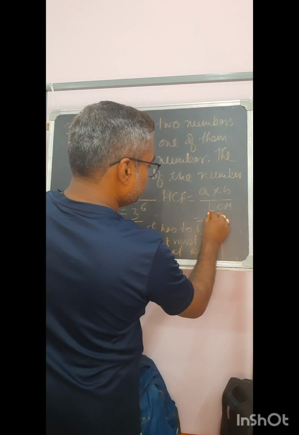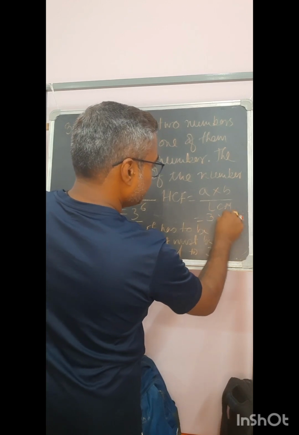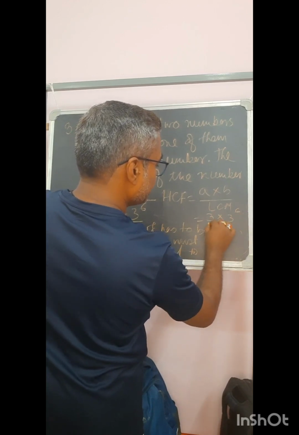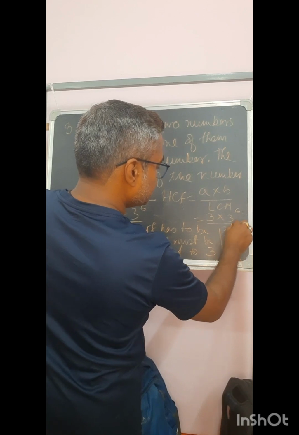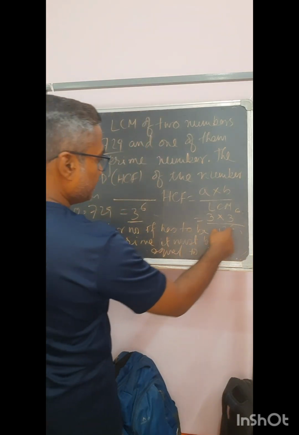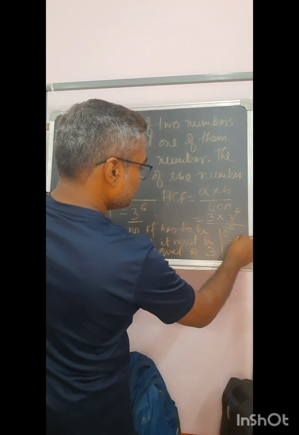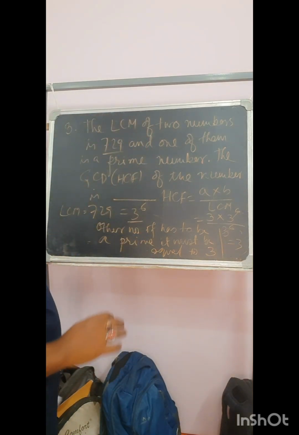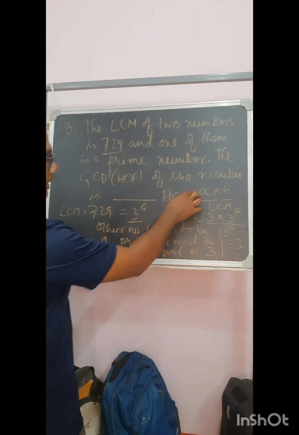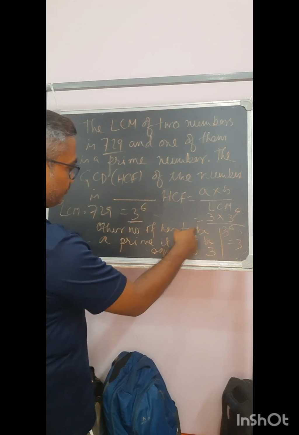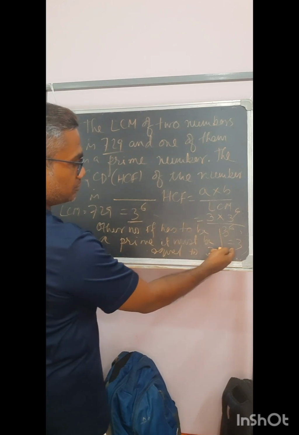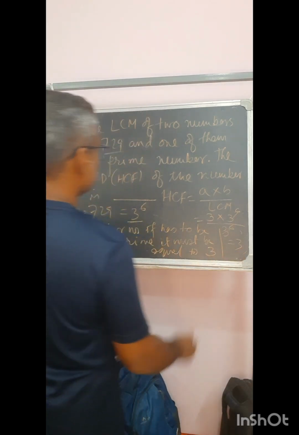A is the number 3, B is 3 to the power 6, and the LCM is 3 to the power 6 again. So your HCF must be 3. Understood? Because it is the highest common factor. Between 3 and 3 to the power 6, the highest common factor is 3. So your answer will be 3.